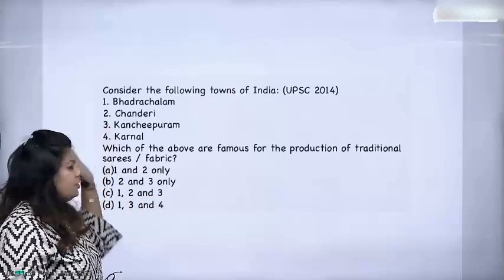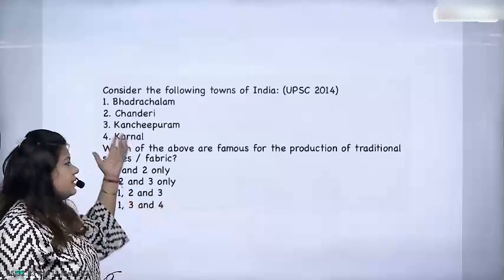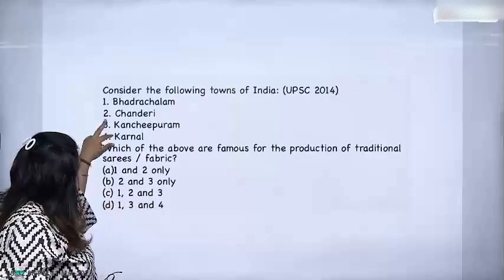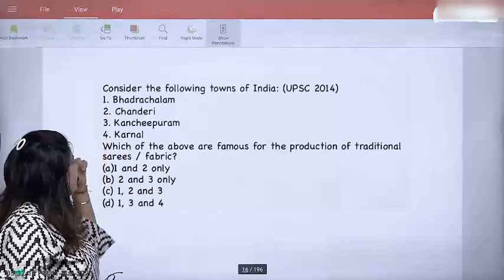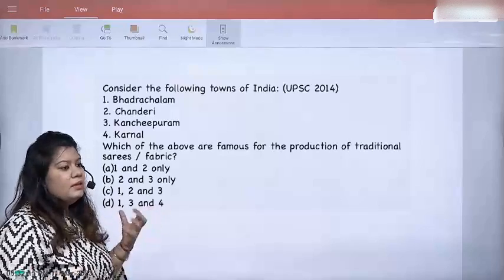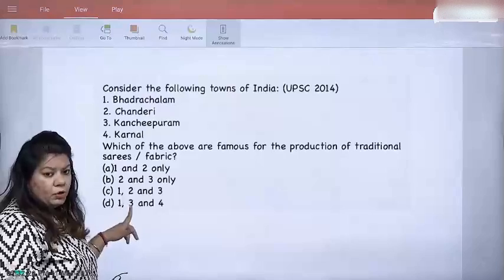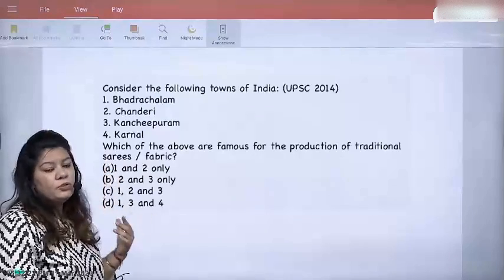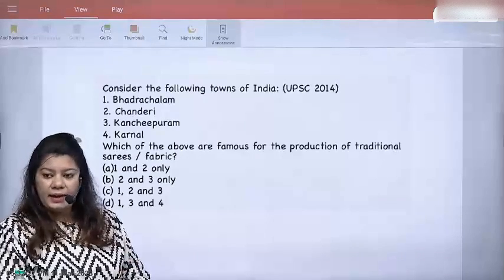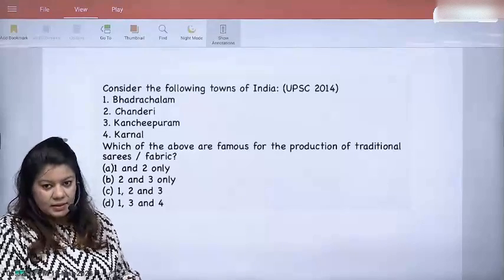Now, Kanchipuram, everyone knows that there are Kanjivaram saris. If someone is well versed, then Chanderi saris is also famous. The problem was not here. The problem was 4, which one can easily eliminate because it's not a famous sari town, right? So 4 is given in only one option. But again, the inspiration to ask this question was the declaration by UNESCO on certain towns in India having sari weaving clusters, right?